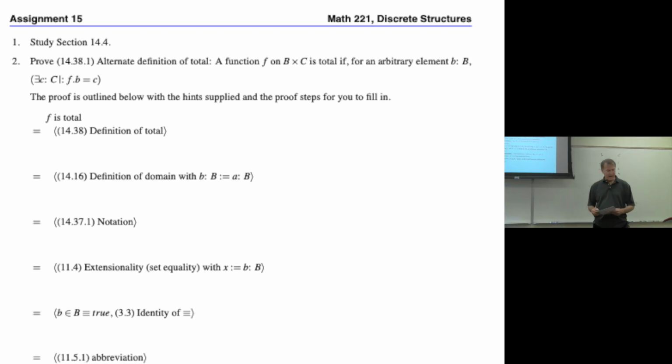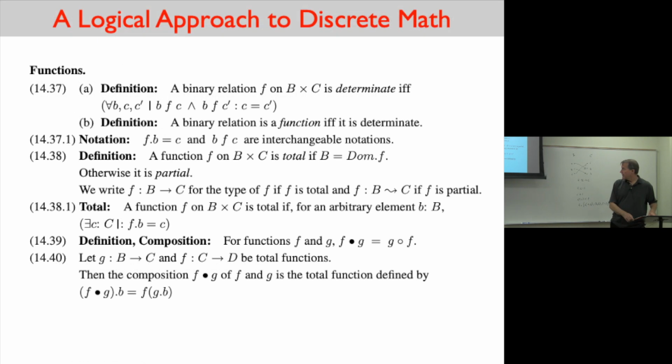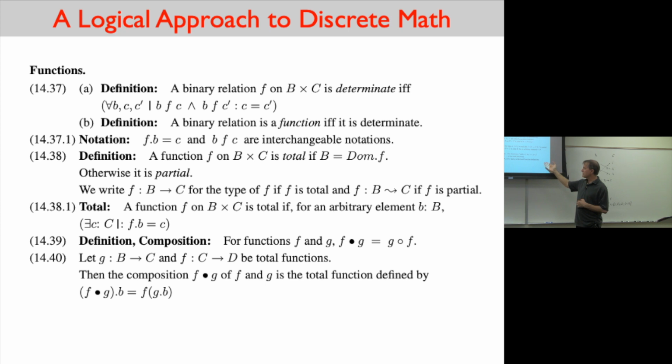So that's one. And then last time we mentioned what function composition is. 14.39 is function composition, and what we've been using so far with relations is the open circle for the relation product. Well, function composition is basically the same thing as the relation product. Only thing is, the G and the F are switched. See?